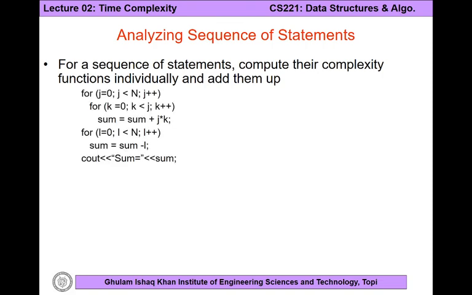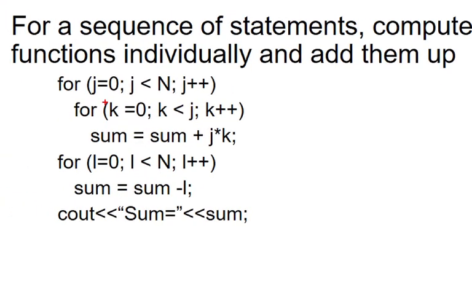Then if you see here, this piece of code, let me zoom it. These are 2 nested loops, right? This is one segment of the code, this is another segment of the code, and this is the last segment of the code, right?